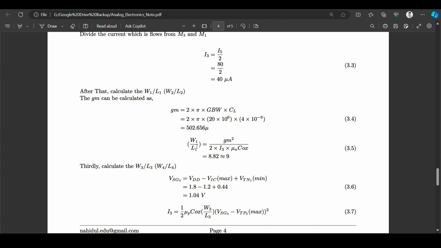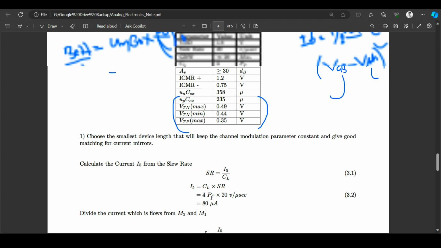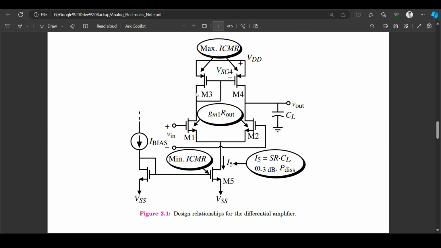If I get the gm, the W by L equals gm squared divided by 2 into I into mu n Cox. Here I means the current which flows through the M1 MOS, which flows from M3 to M1.